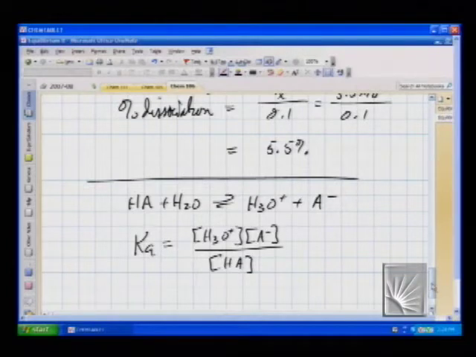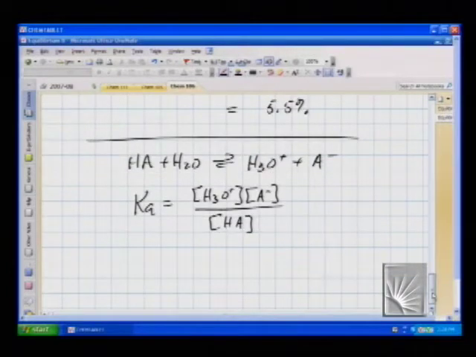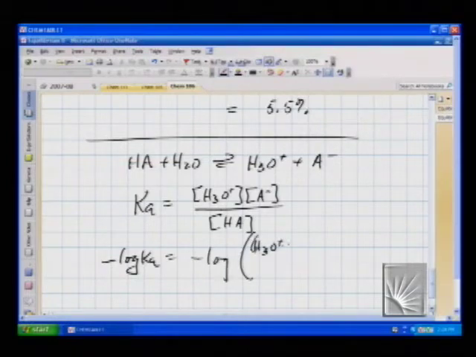Now, I'm going to do a little math magic on it. I'm going to take the negative log of both sides.